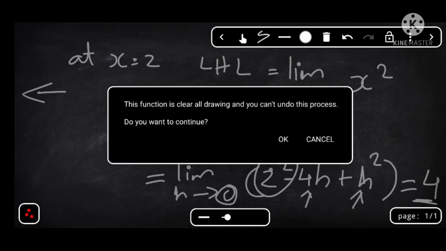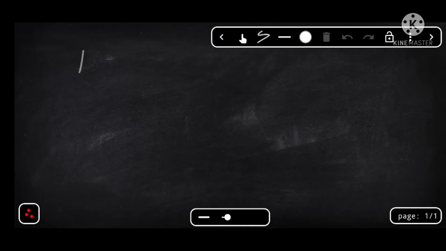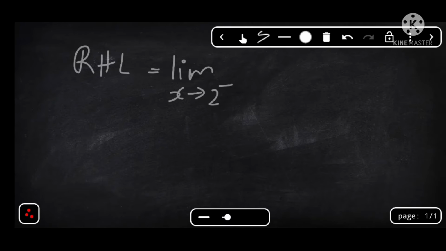Let's see the RHL part. RHL will be limit x tends to 2 plus, so what is our function? For x greater than or equal to 2, our function is 3x plus 5.